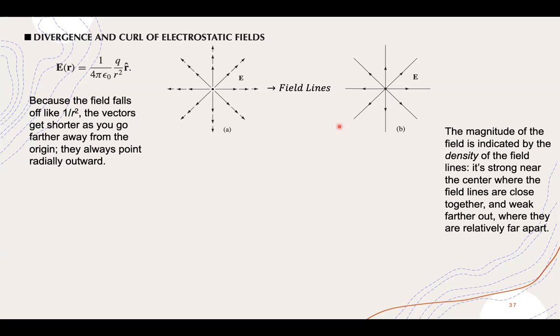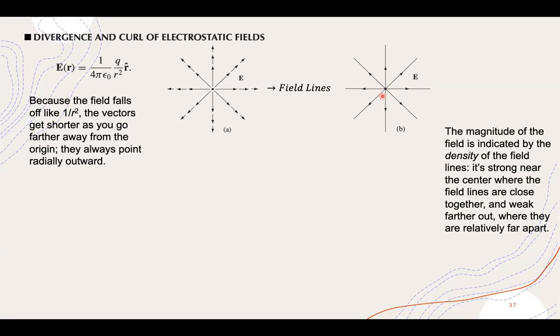So what does density mean? It says that the magnitude of the field is indicated by the density of the field lines, which we were talking about in terms of vectors. Now we simplify in terms of field lines, and we say this is the density of the field lines. So it is stronger near the center where the field lines are close together.